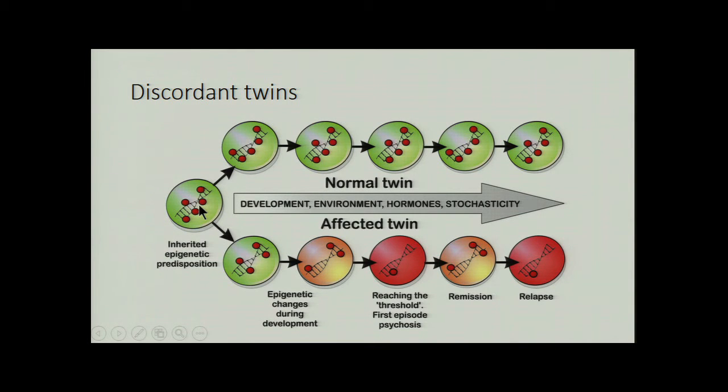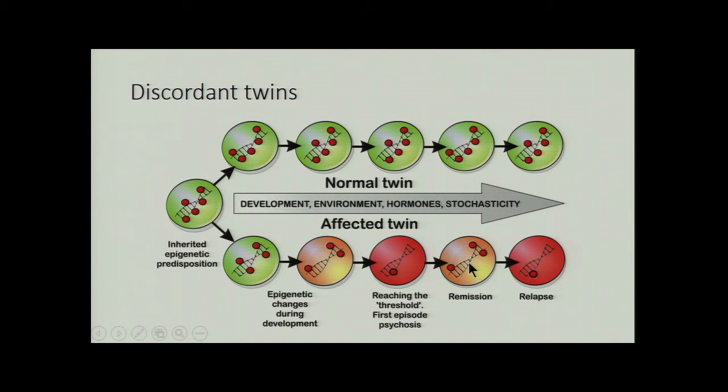Once the zygote divides into two cells early on, one twin will maintain the normal pattern of methylation in its DNA, but the affected twin will alter its epigenetic signature and therefore create a process in which there is the possibility of overexpression of genes as it happens in Beckwith-Wiedemann.